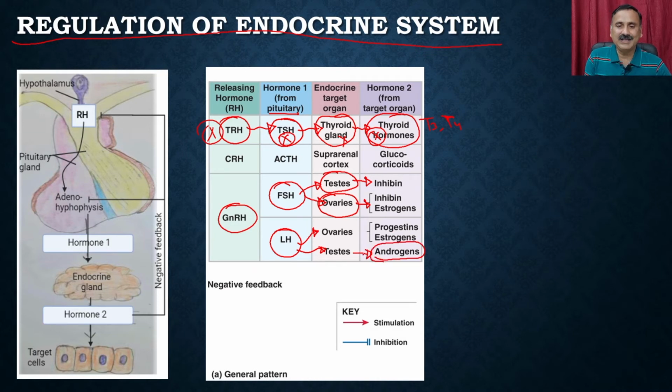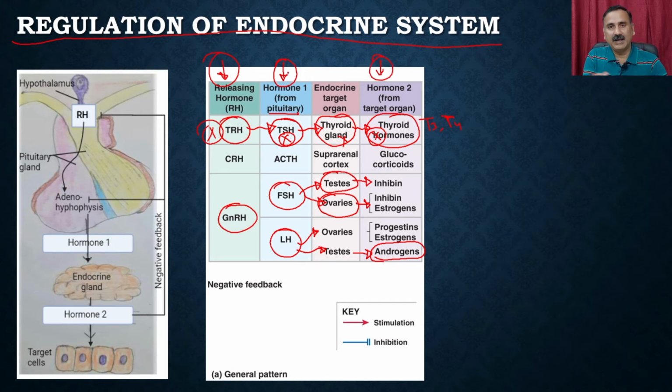So what you see here is that one or the other hormone is involved. It's not like you got the signal and they got secreted. No, it's a double layer protection. Until you have the secretion of the releasing hormone, you are not going to get hormone 1, and then you are also not going to get hormone 2.